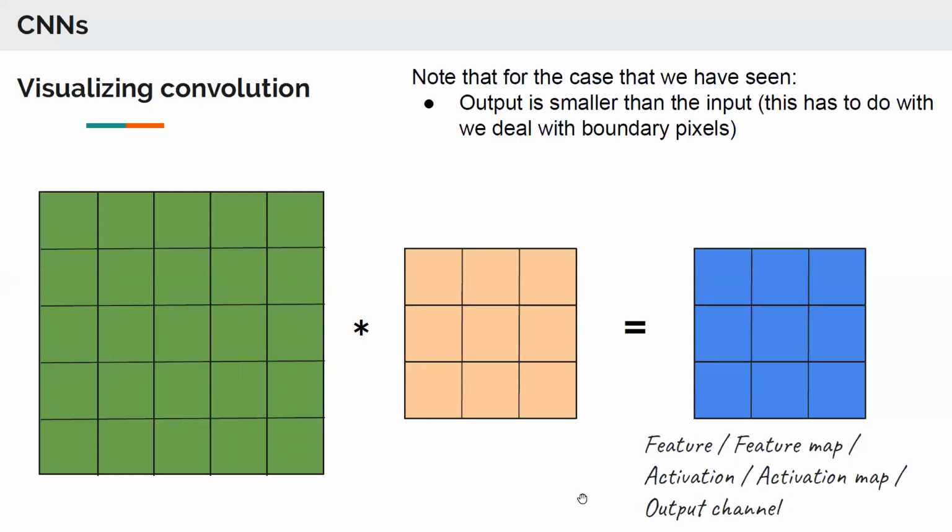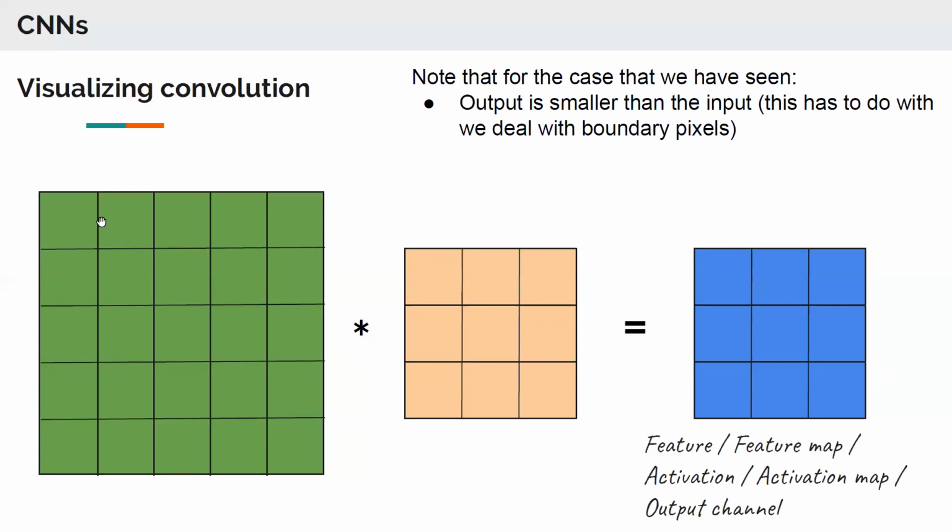Okay, a couple of things to note here is that we have output which is 3 by 3, although the input was 5 by 5. So the convolution operation brought about a reduction in the size of the output as compared to the input. And this basically has to do with the boundary pixels, because remember we started by placing the convolution kernel such that it was centered on this pixel.